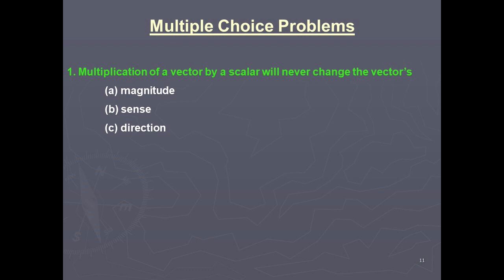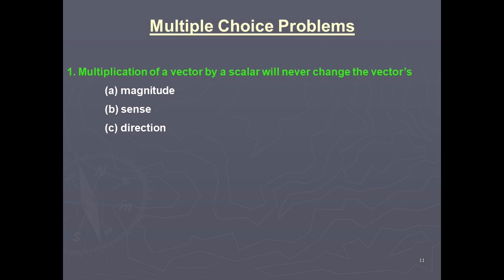Those for sense, that multiplication of a vector by a scalar will never change the vector's sense: 1, 2, 3, 4, 5, 6, 7, 8, 9, 10. Direction now: 1, 2, 3, 4. Only 4. Magnitude.